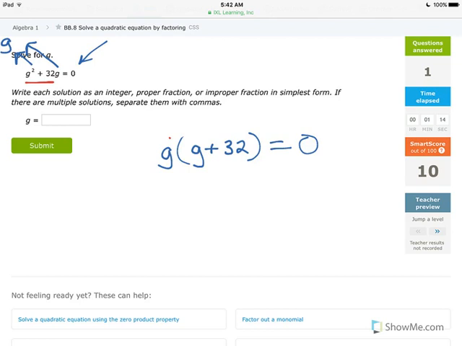So now we have two factors. One of the factors is just g. So how could g be 0? Well, g would have to be 0. So one solution, g needs to be 0. And the second factor, g plus 32, what would g need to be to make the set of parentheses work out to be 0? g would have to be negative 32.